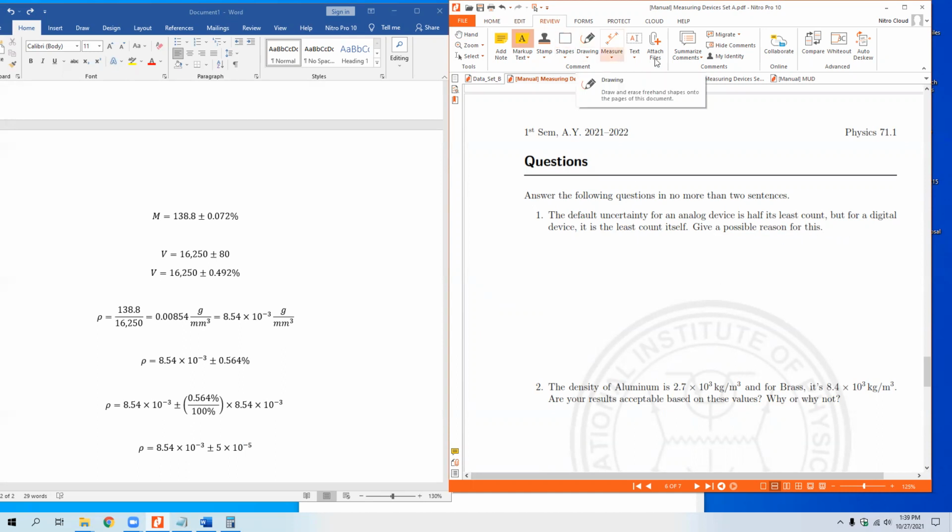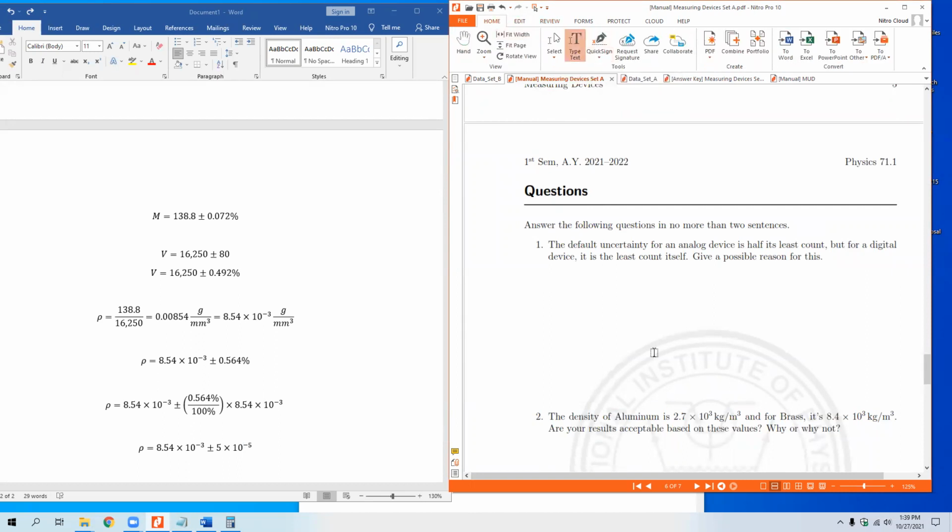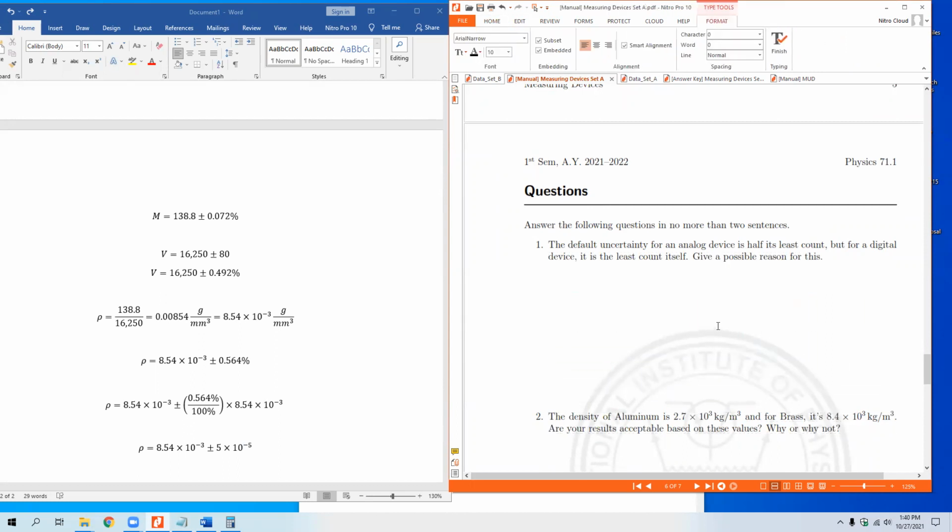First of all, in a digital device, there is no point of uncertainty. For an analog device, your least count is between the two smallest measurements available.